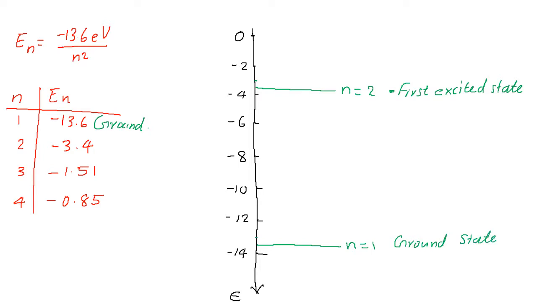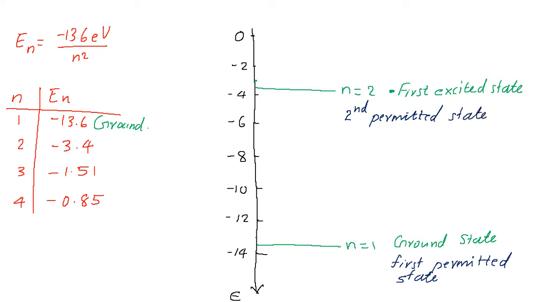We also call this the first permitted state. This we call the second permitted state, correct? Now for n equal to 3, it is somewhere at negative 1.5.